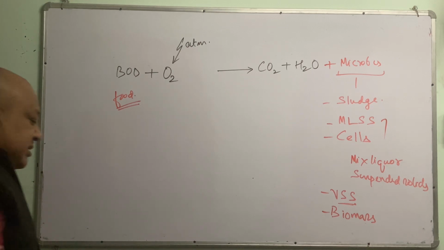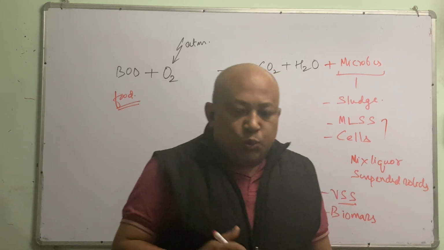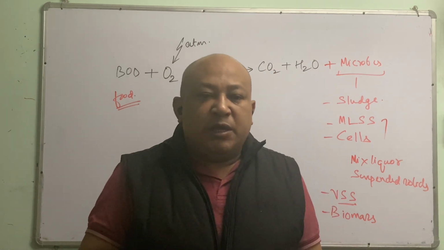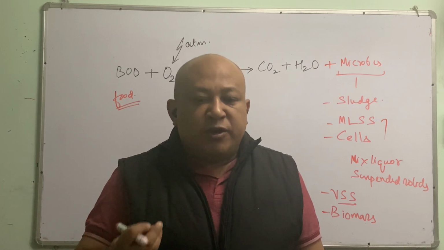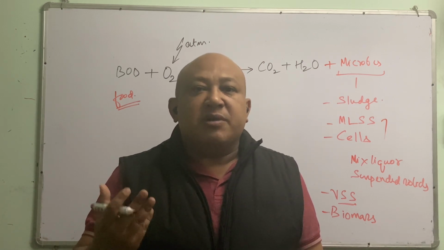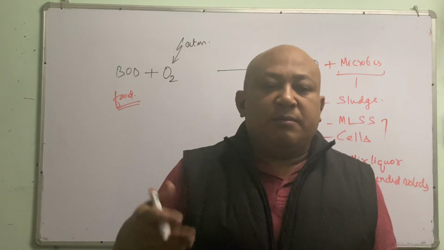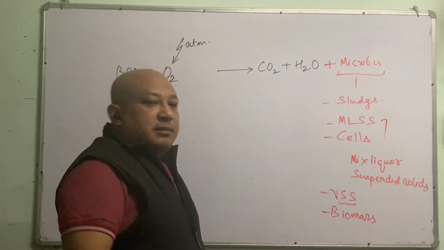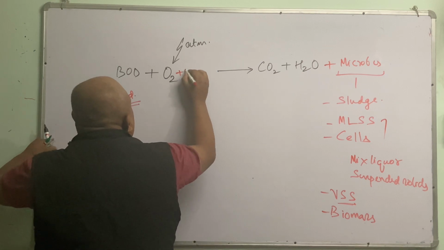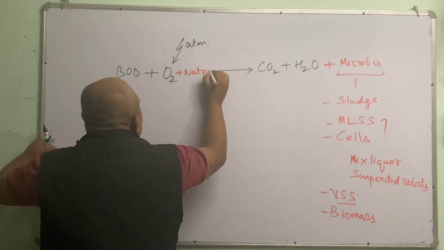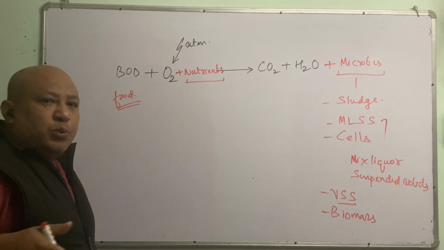Now, this is a simple basic fundamental. In order to give a baby growth energy, we don't provide simply glucose. We provide nutrients, proteins, minerals, right? Essential elements for proper growth of the next population. So here we provide some other nutrients also. These nutrients we don't provide, but automatically they come in the wastewater.